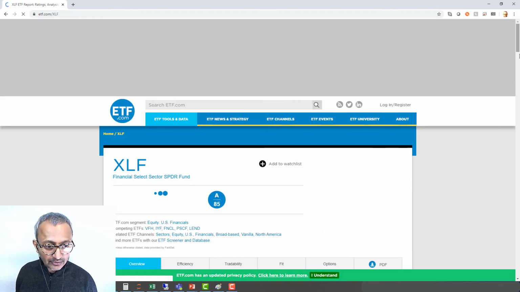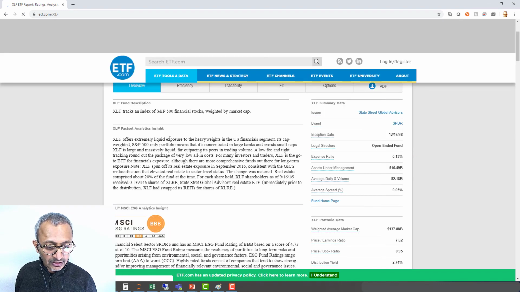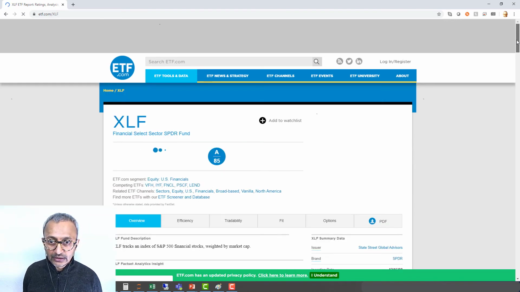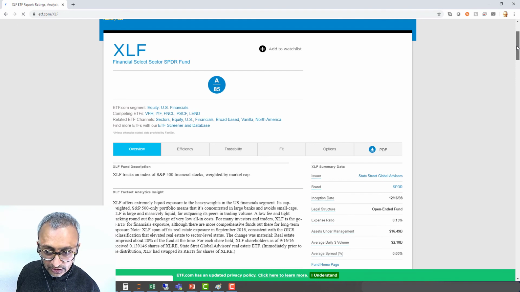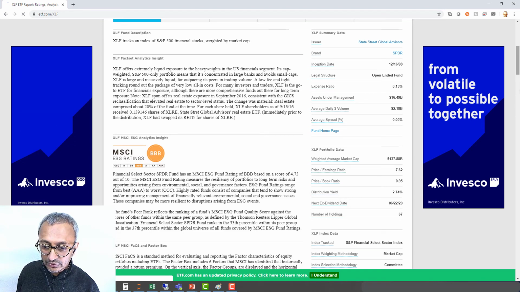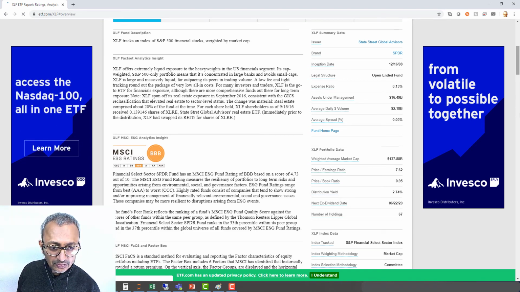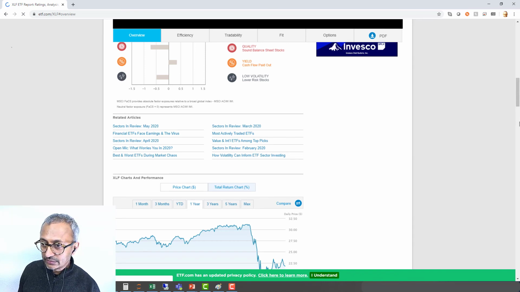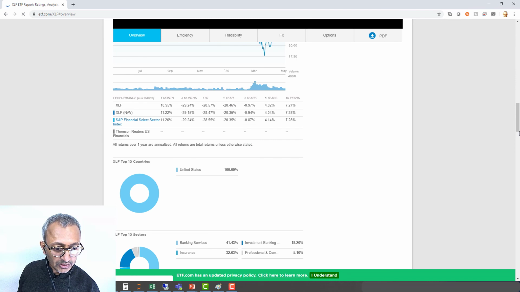It says financial sector select ETF, and it has a bunch of information. What I'm trying to look for is what it owns. Either my internet is a problem or this site is a problem. It's a pretty bad site, loading a lot of data.